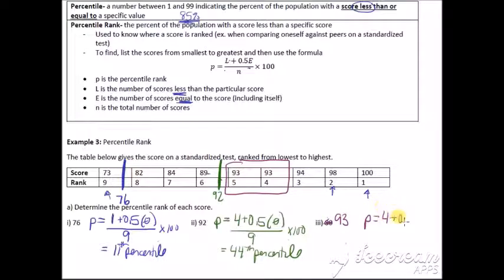How many marks are equal to 93? 2. And then we divide it by 9 and multiply by 100. And what we get here is 56%. Okay, but I wanted to show you where this is.